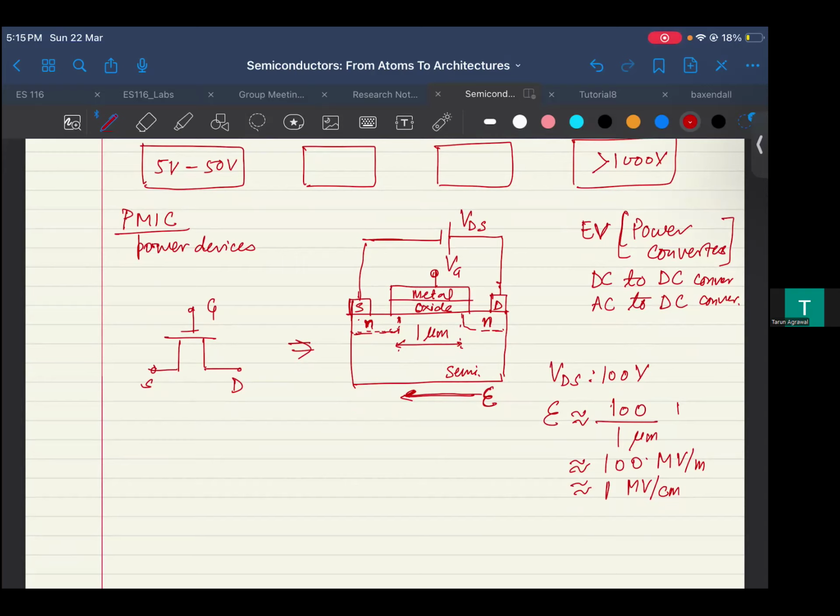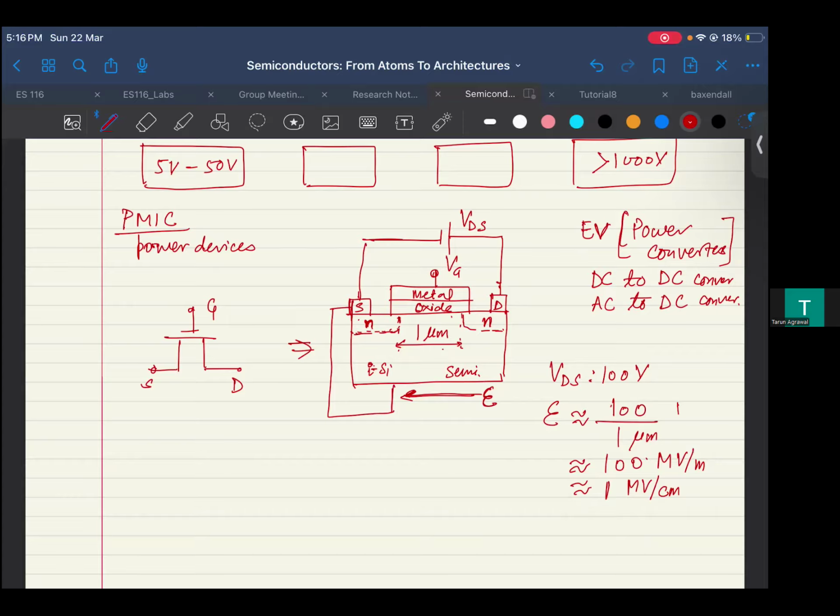And what is going to happen at such a large field? This field is typically going to drop across the semiconductor, which is either p-type and very mildly doped, or even an intrinsic semiconductor. Because your body is grounded, where you have applied it to the source, this is the typical configuration.